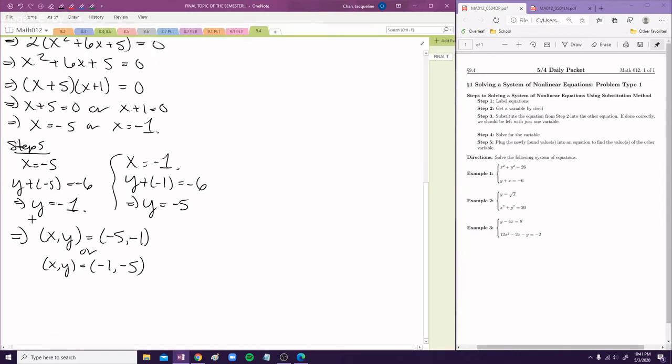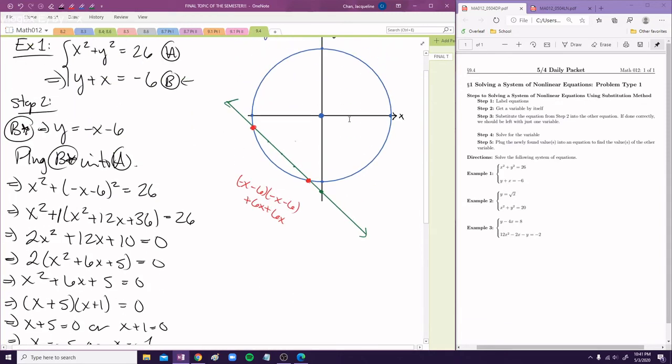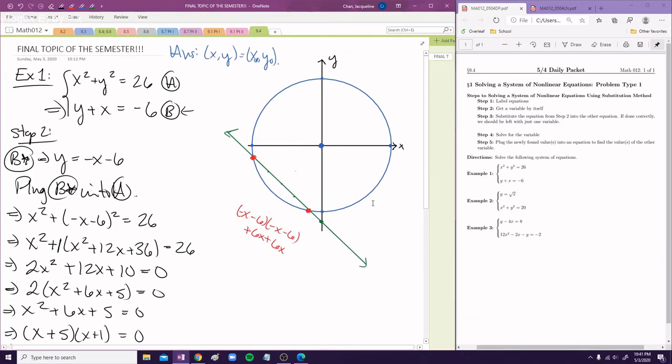So this is our solution. And it holds to this graph, because we didn't graph it super precisely, but we still graphed it. We didn't just sketch a circle and put a random line through it. That doesn't tell us anything besides the possible number of solutions.